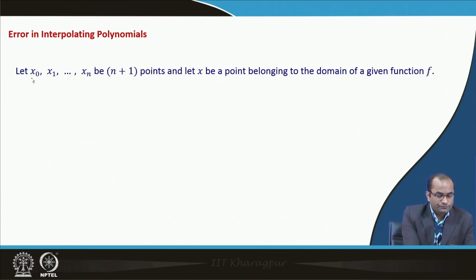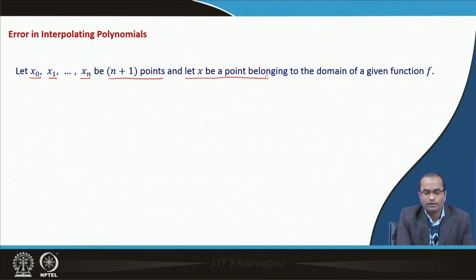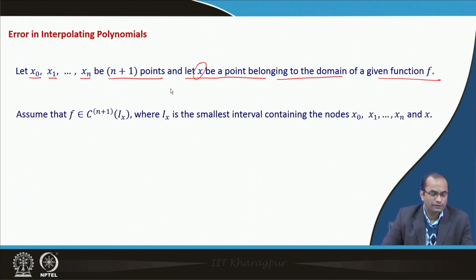Suppose x0, x1, x2, x3, ..., xn are n plus 1 points, and let x be a point belonging to the domain of a given function. All these points x0, x1, x2, etc., and also the one more point x, belong to the domain of the function.